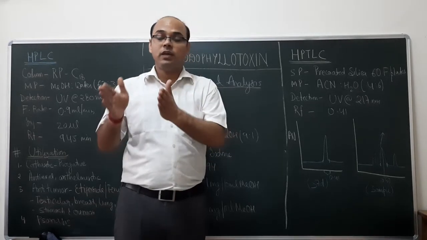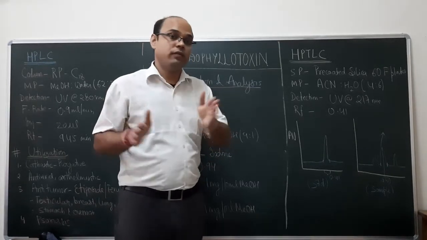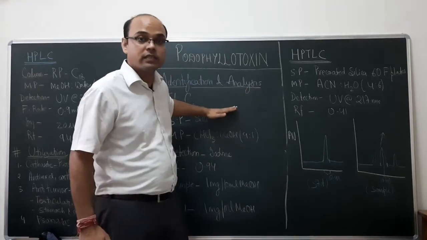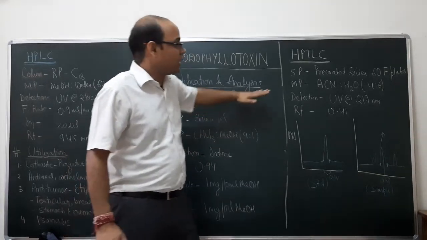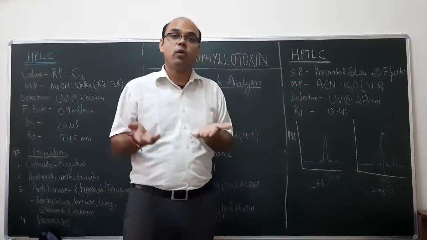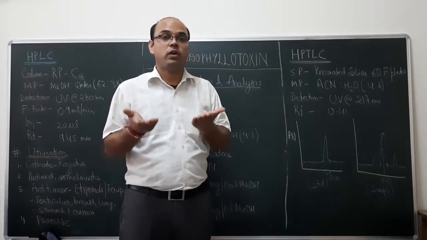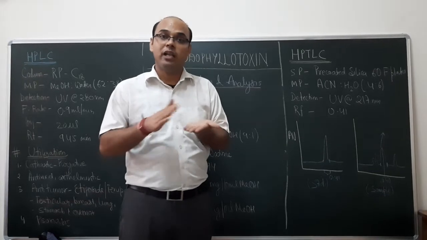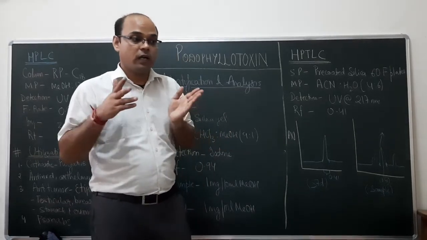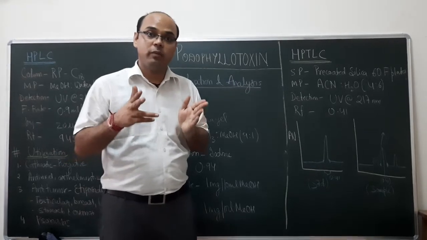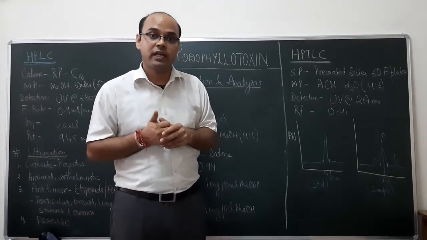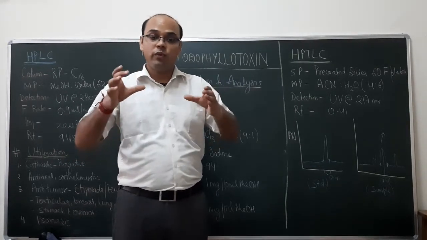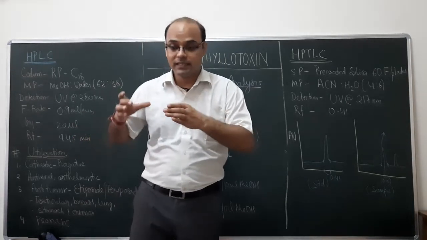For example, in TLC we prepare the plates using silica gel slurry, but in HPTLC we have pre-coated silica gel plates available in the market on an aluminum sheet. We cut the desired size of the pre-coated plate and then apply the sample.